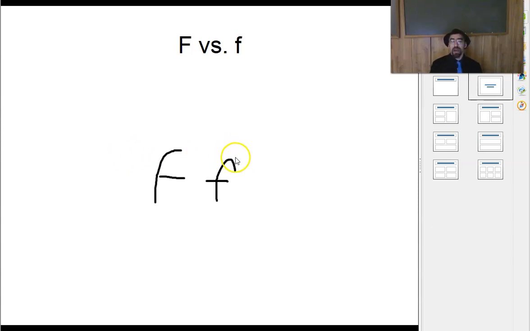So I say, put a hook on your lowercase f, and on an uppercase F, don't be afraid to leave a small gap between the horizontal bar of your F and the main curve of the F, or the main backbone of the F. You wouldn't normally think of this as a gap, right? You wouldn't say something's missing here. But by leaving this gap, you can make sure you don't accidentally extend it out to here.